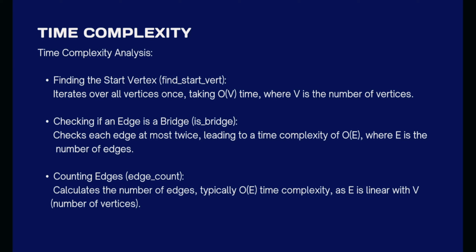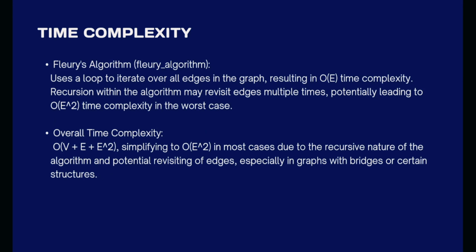And the next function, counting edges, takes big O of e time. And the next function, Fleury's algorithm, which is the main function, takes big O of e square time. So the overall time complexity becomes big O of v plus e square. Removing the less dominant terms, the time complexity becomes big O of e square in most cases.